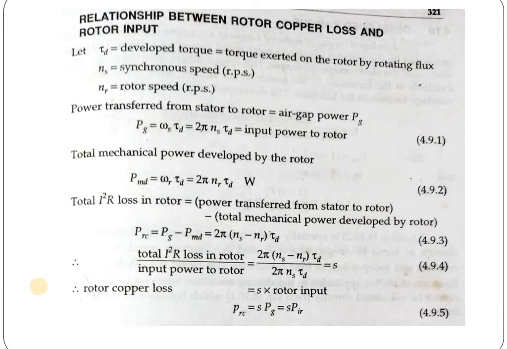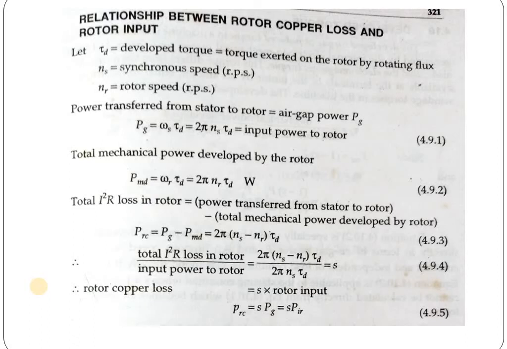From stator input to stator output there will be some losses, and after those losses we get the stator output, which goes to rotor input. Again in the rotor part there will be some losses, and after those losses we get the rotor output, or the mechanical power developed. That is the chain flow of power in a three-phase induction motor.